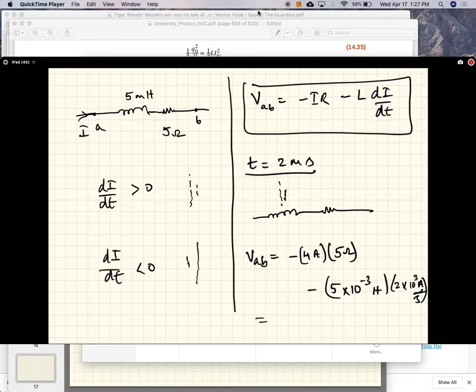Okay. All right, so I'm going to write this separately just so we get, this is 20 volts and this is 10 volts. So because the current was changing at this time, the voltage across this is 20 volts and the voltage across this element is 10 volts.